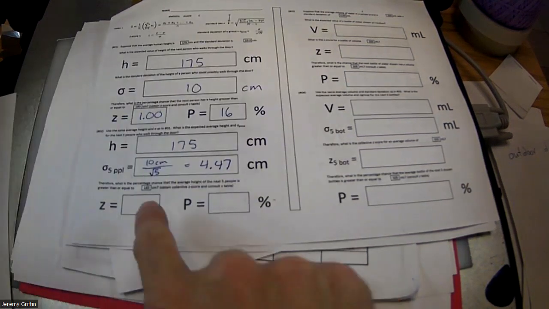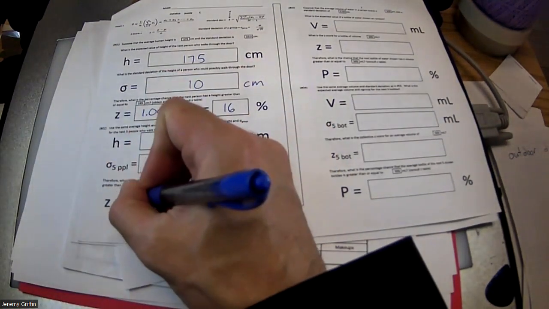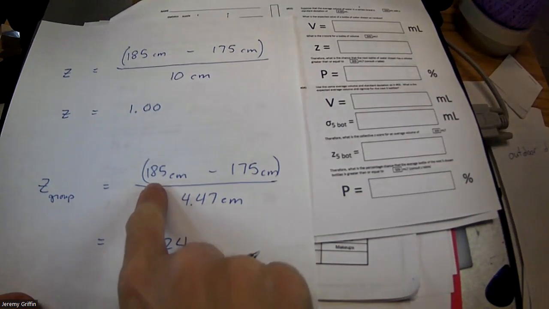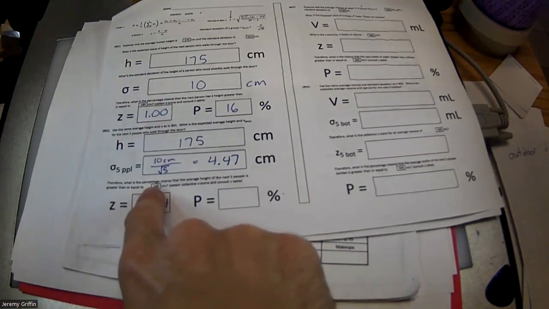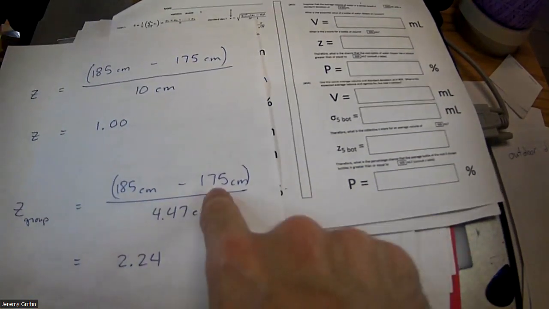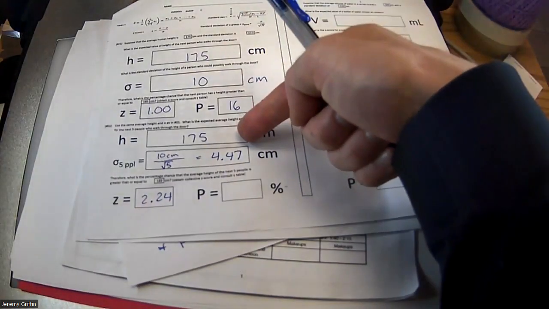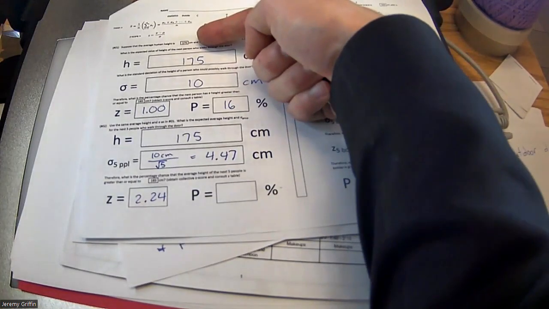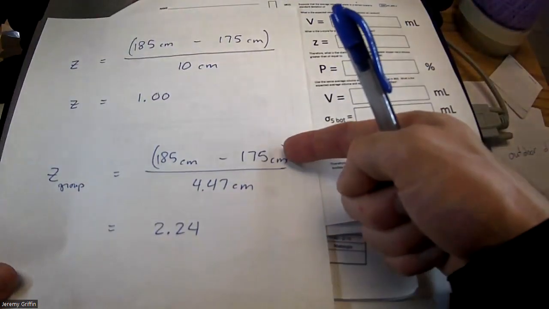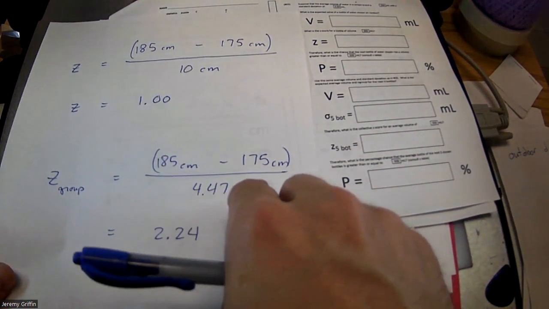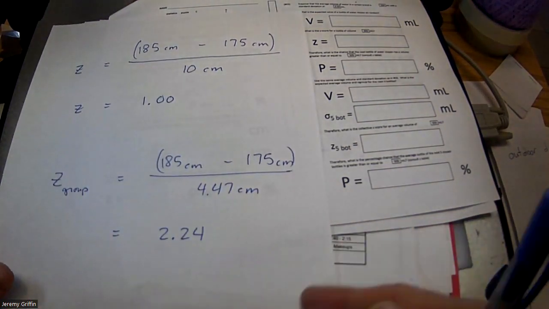Let's check. Okay, so we got a z-score. Go ahead and write that down. What did we subtract? You take the target height, which is right here, and subtract the average, which is the same number over and over. And then remember, z-score is a count of the number of standard deviations.